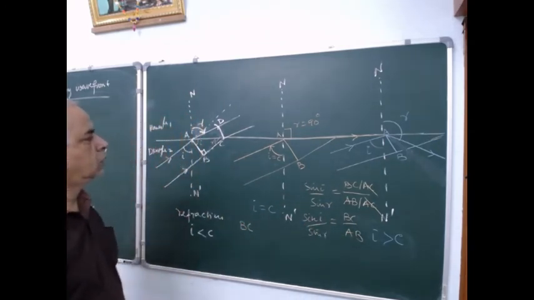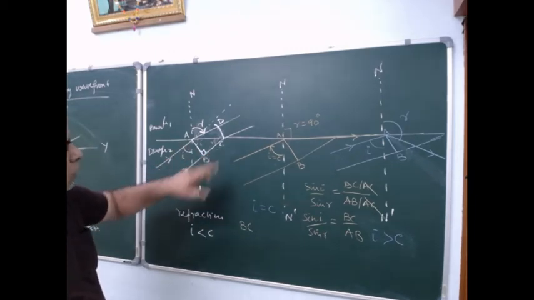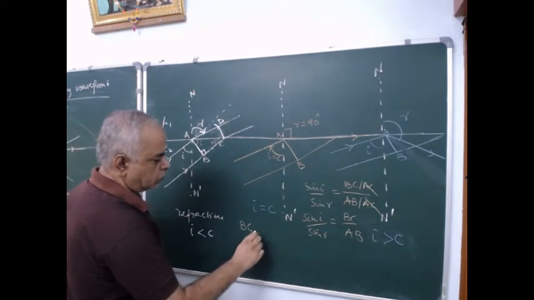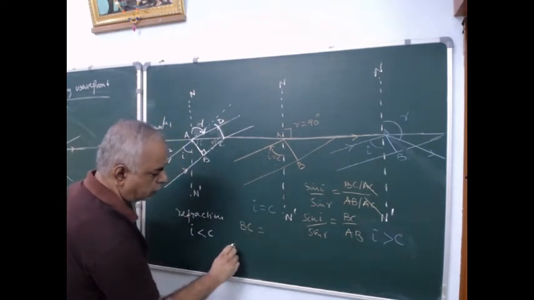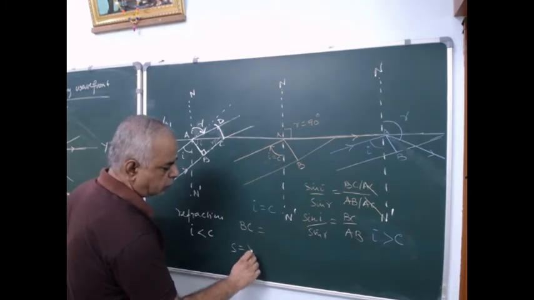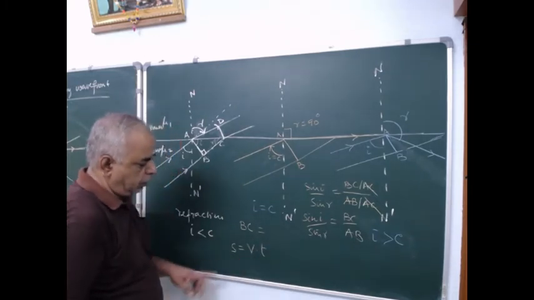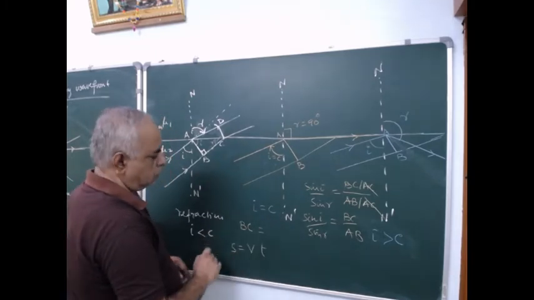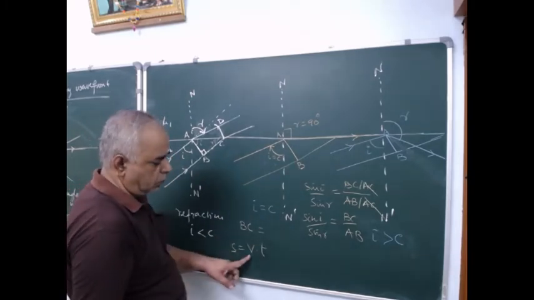Okay. This BC is in medium 2. We know already that displacement is equal to velocity into time. In this case, BC is the displacement, that is equal to velocity.